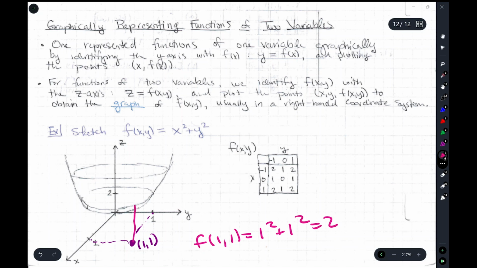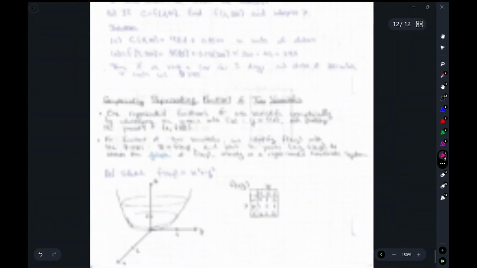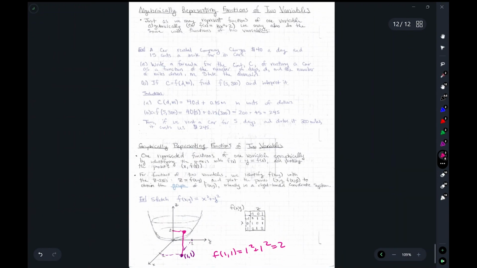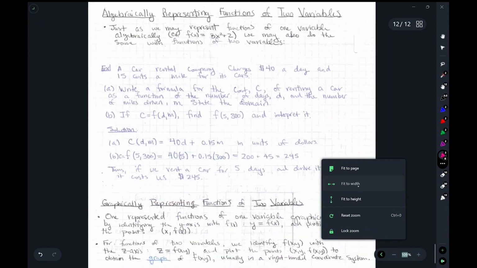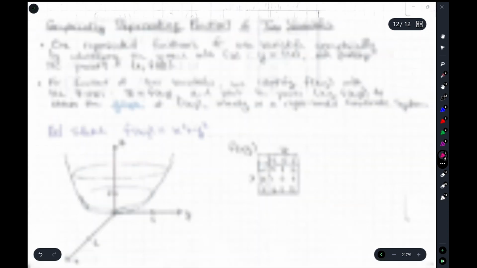And so this is going to map up to 2. You can see here that that's going to be level with the 2 on the z-axis. And so that's how we could represent functions of two variables graphically.